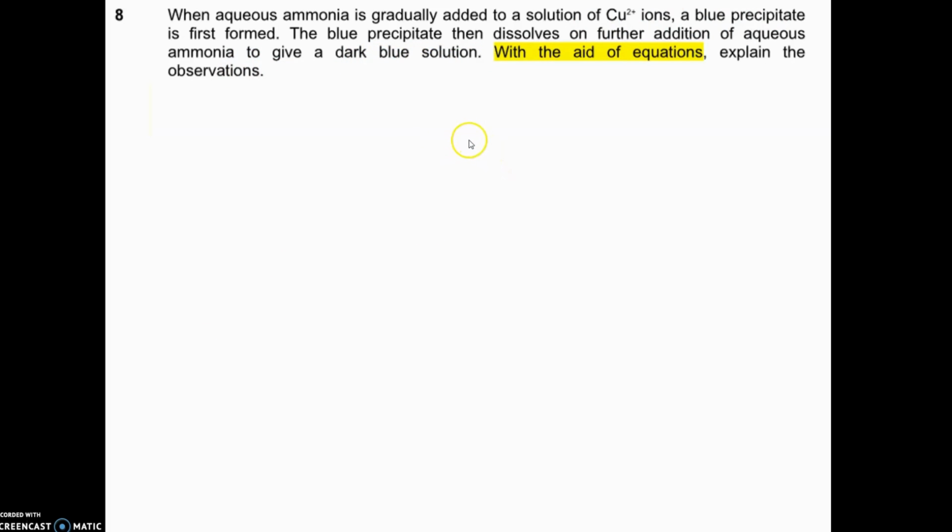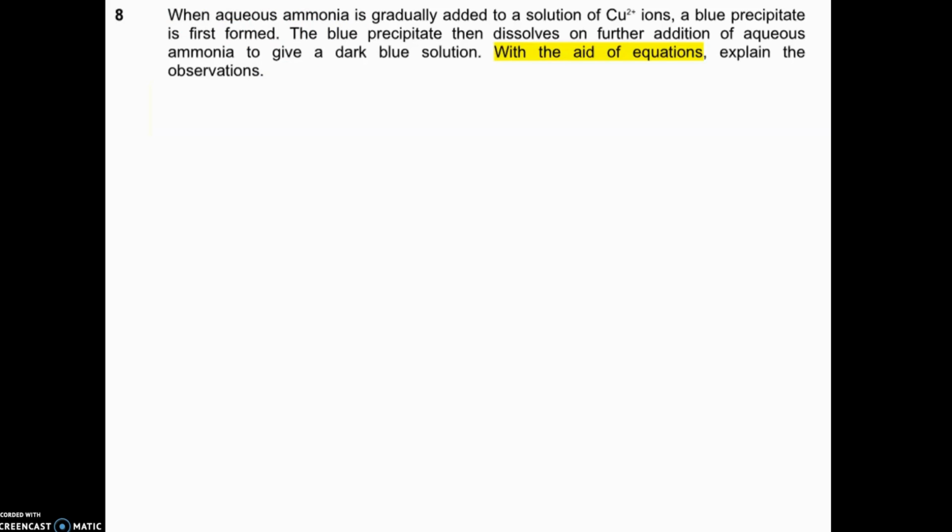So we're going to answer this in the same way that we answered 7e part 2. We're going to start with the relevant equilibria. The first equilibrium is to account for how come a solution of aqueous ammonia contains some hydroxide ions, and you already know from the previous topic on acid-base equilibria that ammonia is actually a weak base.